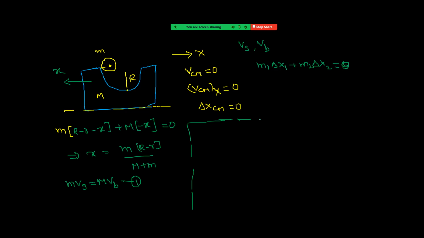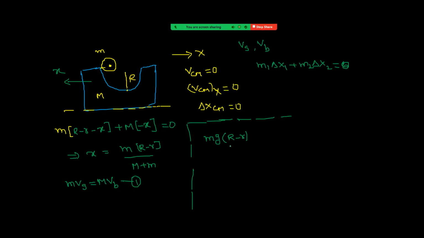The next equation is the energy equation. The cylinder comes down by a distance. See how much: mg (R minus r). This is the loss in gravitational potential energy of the cylinder.